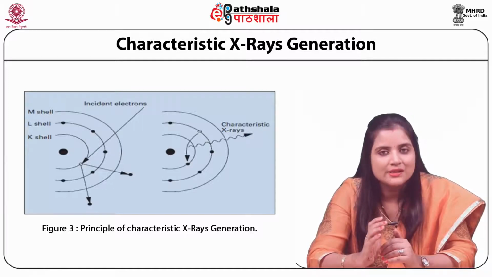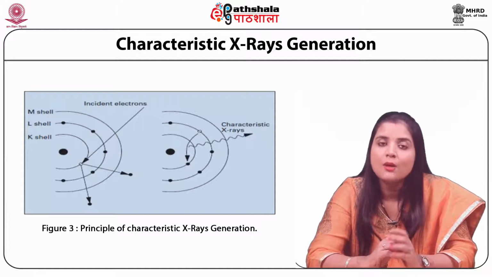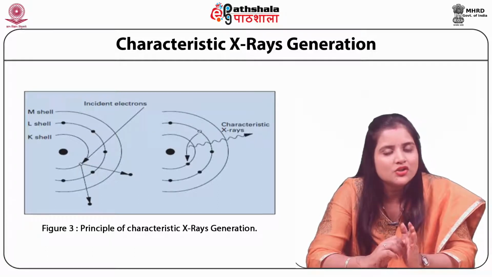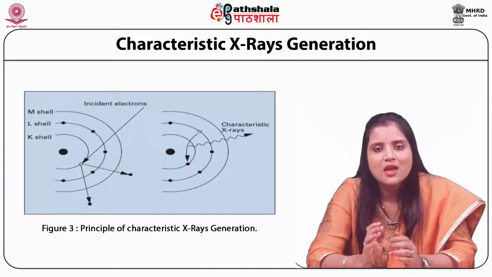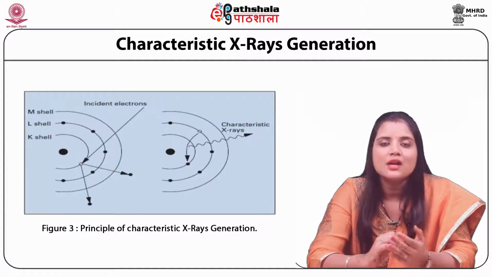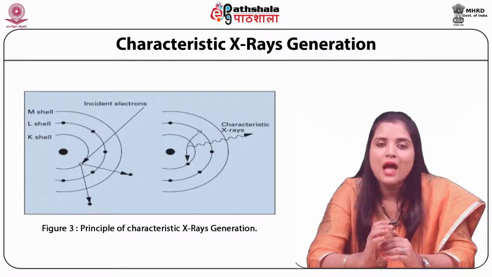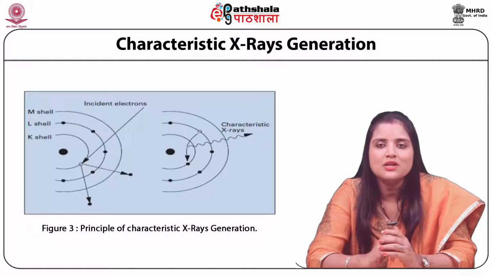These emitted X-rays are known as characteristic X-rays because their energies, that is wavelength, are specific to the element from which they are emitted. Thus, this technique can be used for elemental analysis.